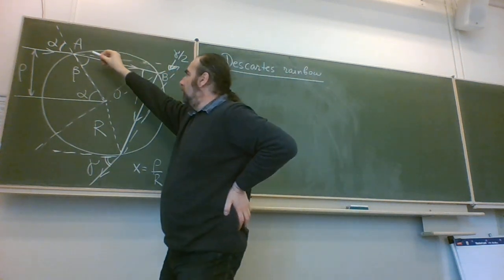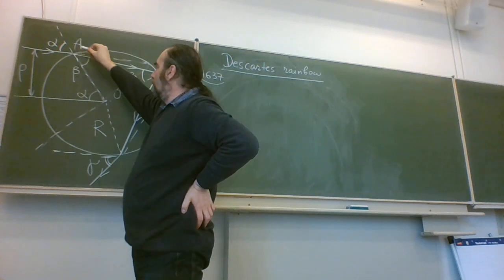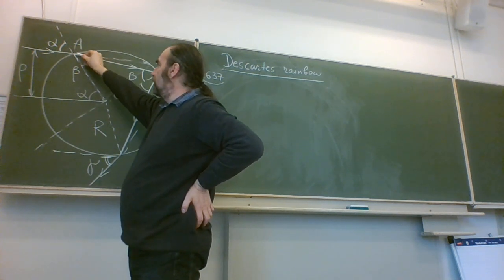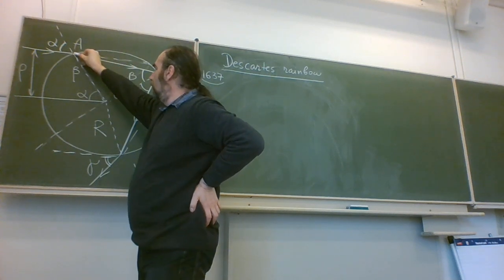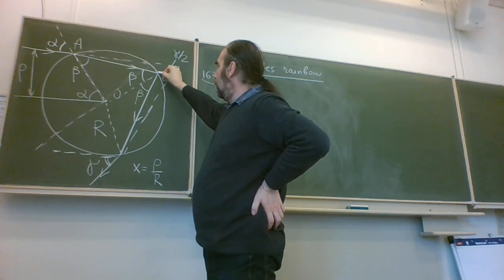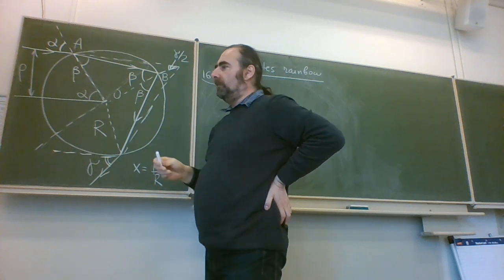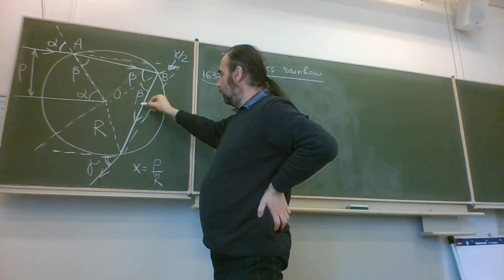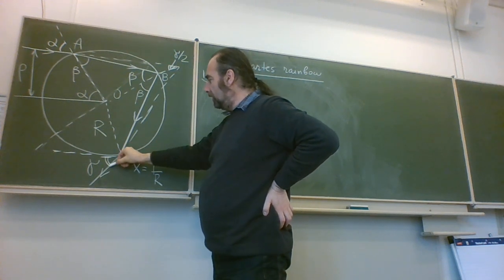And so then it goes here, it gets refracted, and that's why it doesn't go straight. It goes under some angle. At this point it gets reflected from the surface of the droplet. It goes here, and here it gets out.